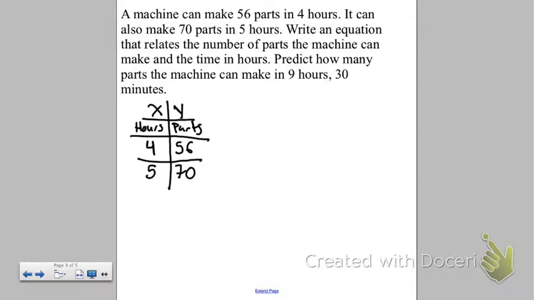I have to check to see if this table is proportional. 56 divided by 4 is equal to 14. 70 divided by 5 is equal to 14. So that means that my k is 14. So my equation can be y equals 14x.